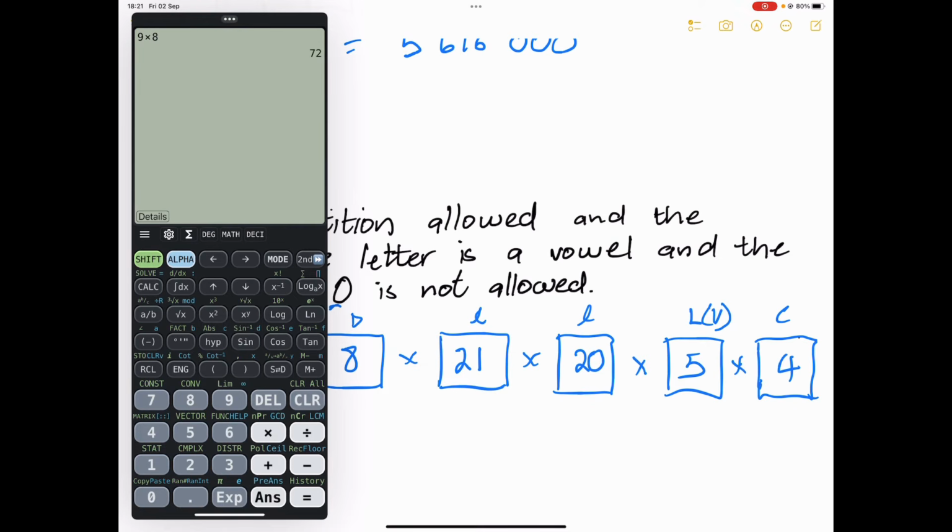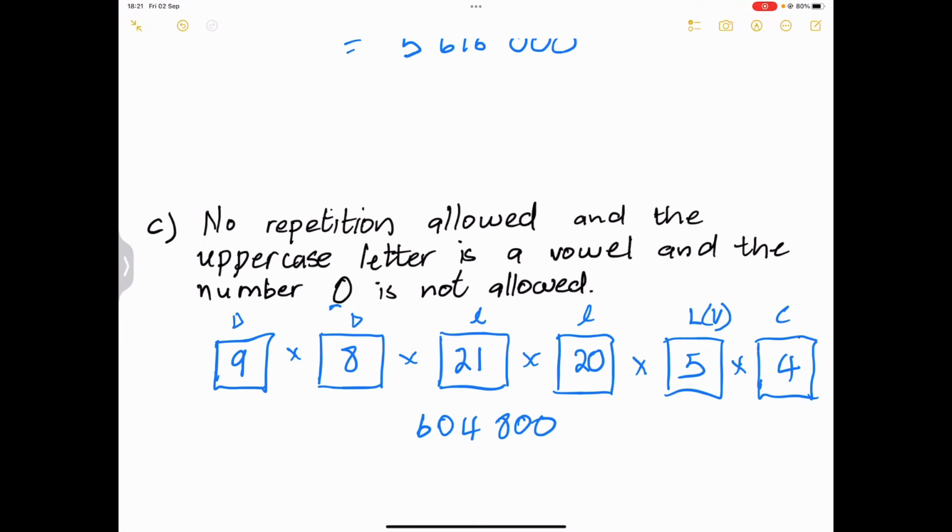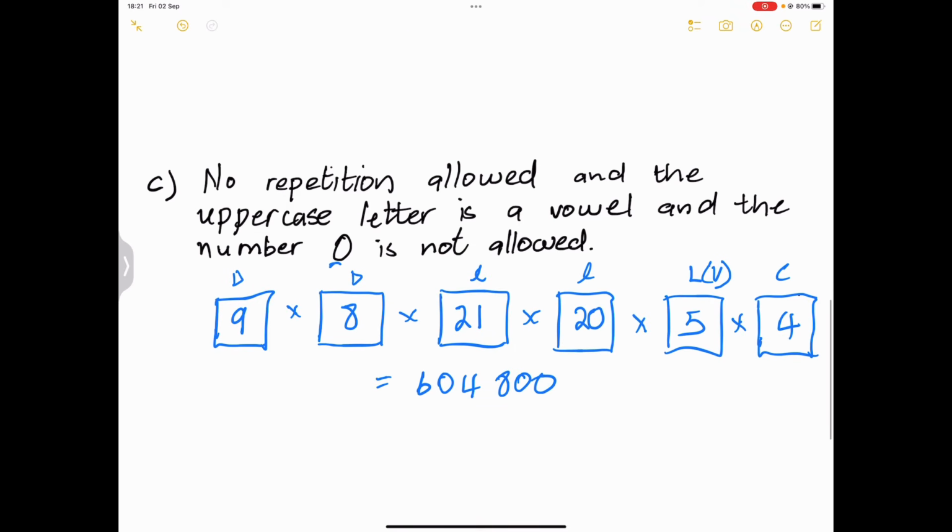So that's 9 times 8 times 21 times 20 times 5 times 4. Okay, so you've got 604,800.